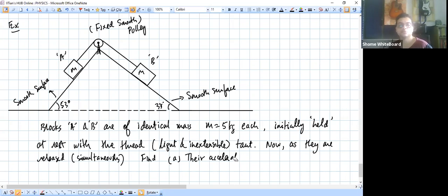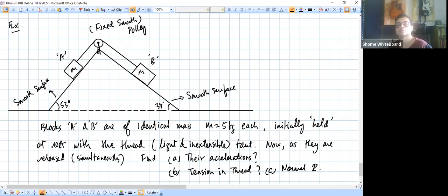So just start this problem, people. And you can also find the normal reaction forces. Take g as 10. Yeah, that's correct.